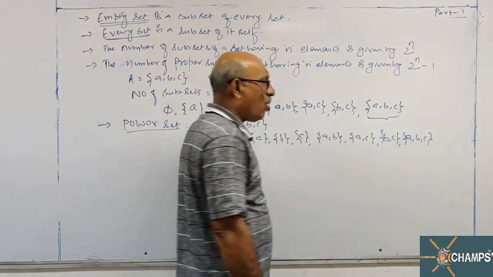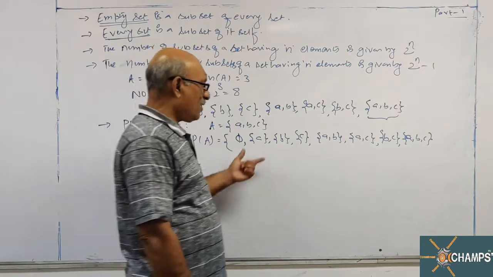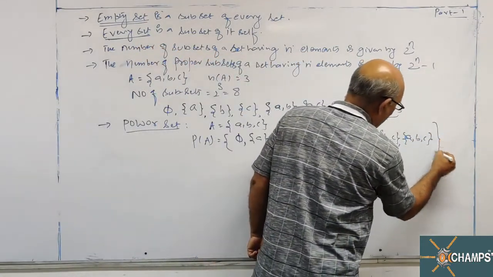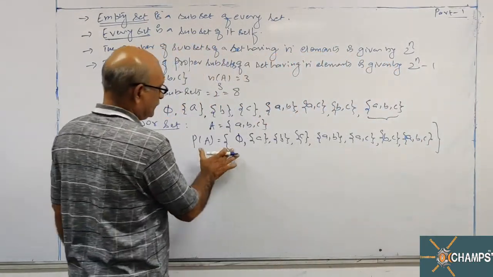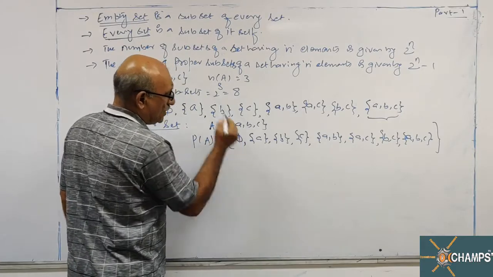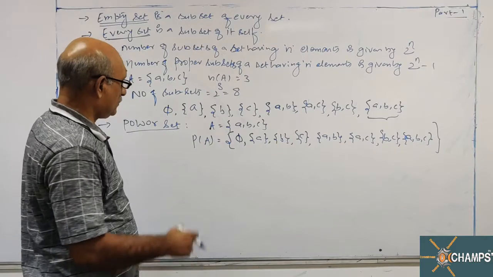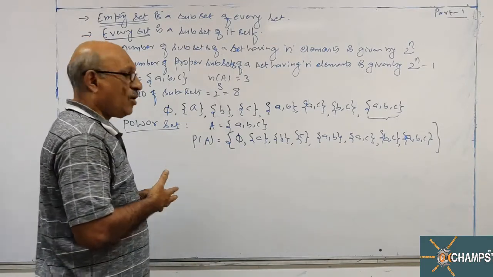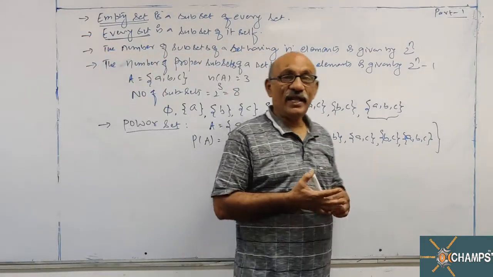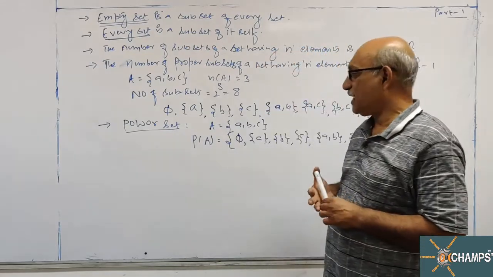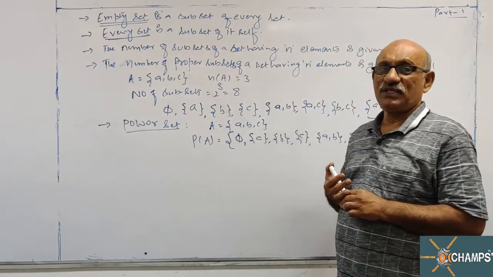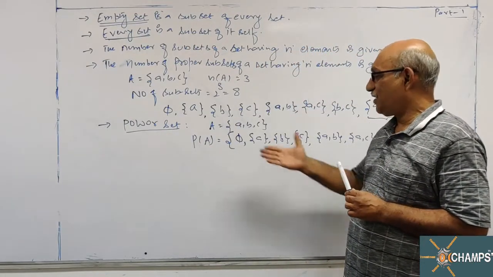Here we included all the subsets of the given set and closed the braces. This is called a power set. So how are you defining a power set? A set which contains all the subsets of a given set as its elements.